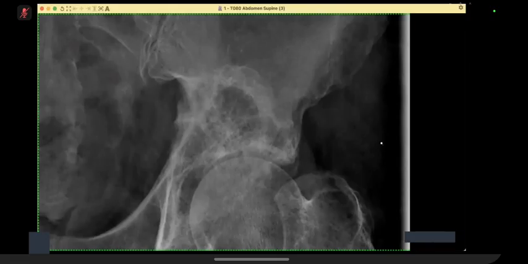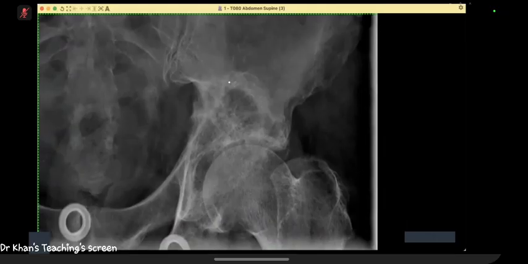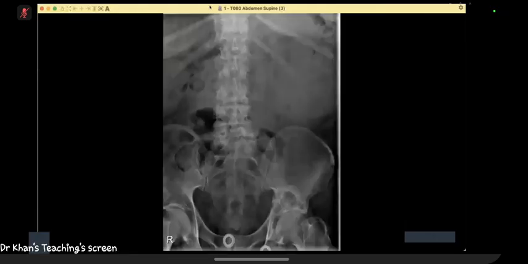This lesion may be, as it has high trabeculation, either Paget's disease or metastatic from the left soft tissue lesion. Maybe it's metastatic from the soft tissue lesion.